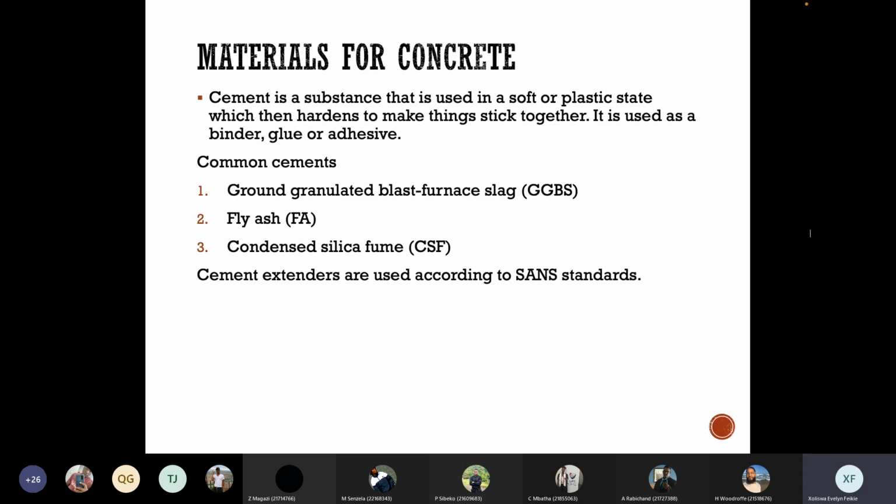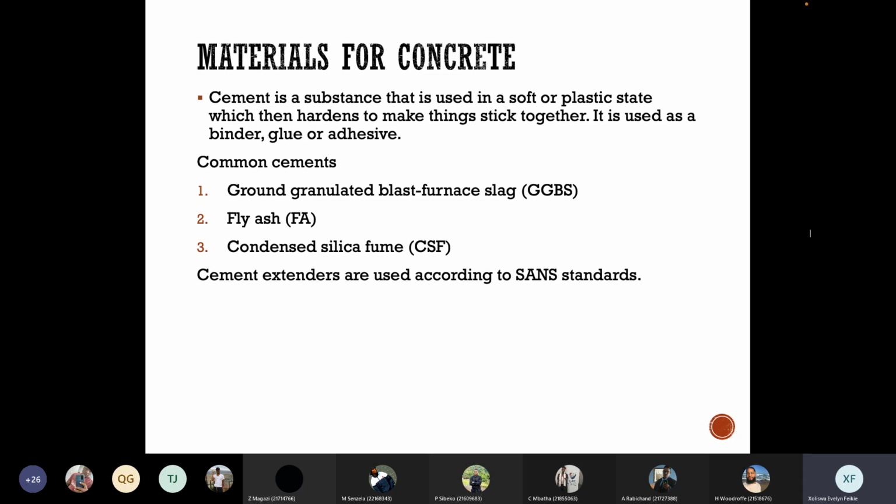We wanted it to act as an adhesive or a glue per se to our aggregates, sand, and it will mix with water to create that, right? So that's what it is. So it is used as a binder, glue, or an adhesive.